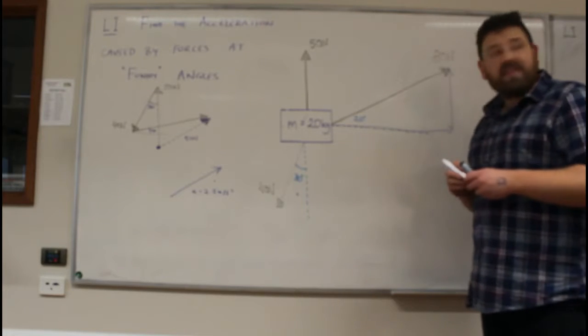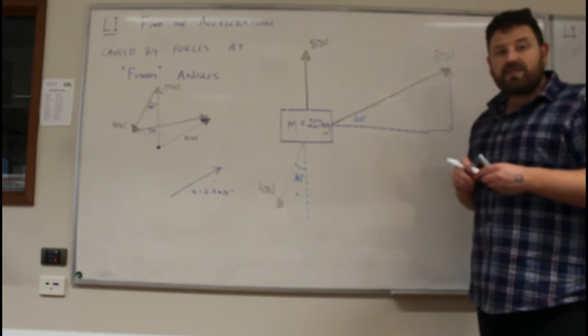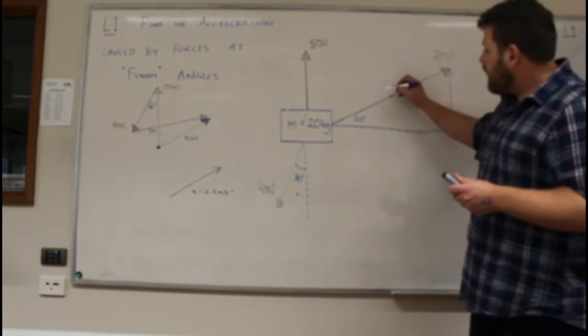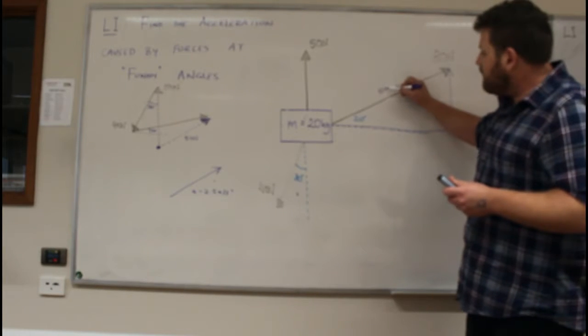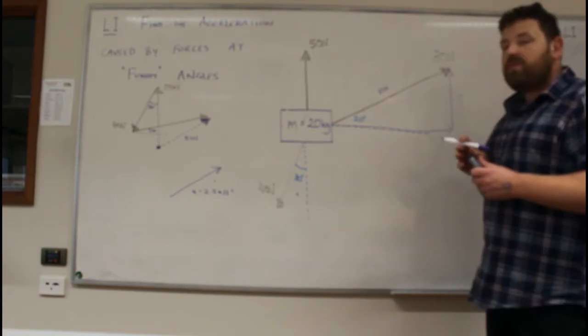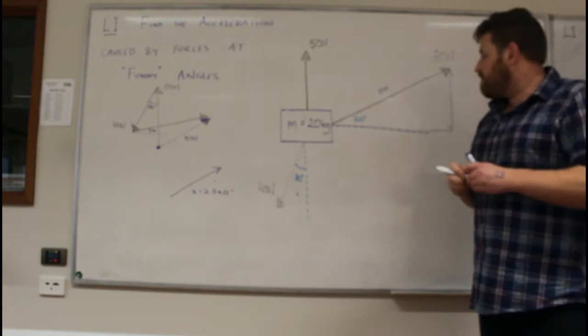If you look carefully, what you have there is a right angle triangle with an angle of 20 degrees and a hypotenuse of 80 newtons. So we can find out what the adjacent and the opposite are.